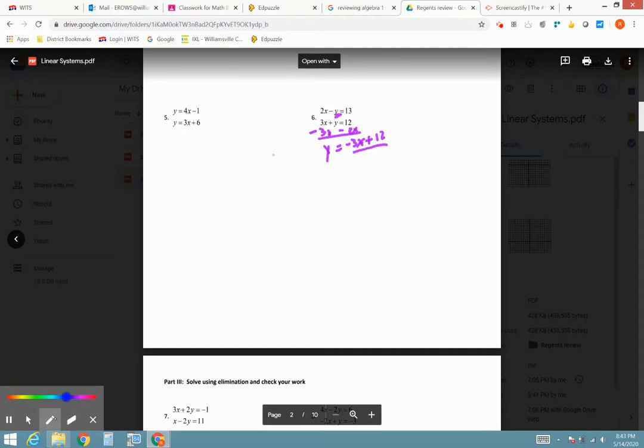So I would write 2x minus, and instead of writing y, I'm going to write what y is equal to. Negative 3x plus 12 equals 13. I'm going to distribute the negative. I'm going to combine my terms. I'm going to do my algebra.